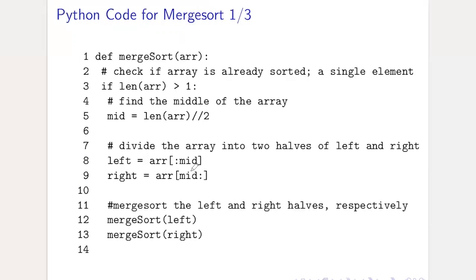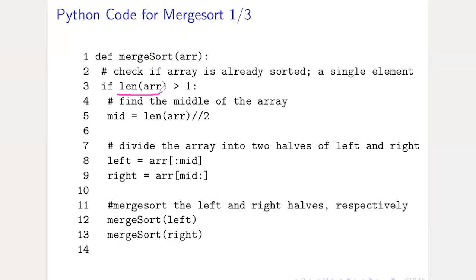So I have the code here. Let me first explain the code. This is the definition of the merge sort function, where the input is the full array. As soon as we get the array, we will check if the array length is 1.